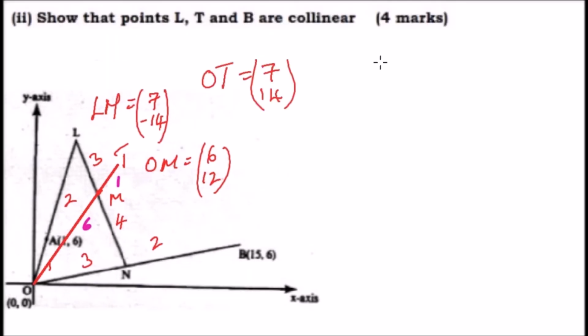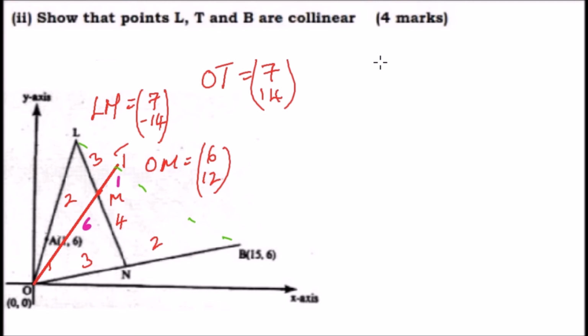So Roman number 2, part C, we are to show that L, T and B are collinear. Collinear points means they all lie on a straight line. So we can draw a line passing there. And how do we prove that? If we are able to express LT in terms of LB.